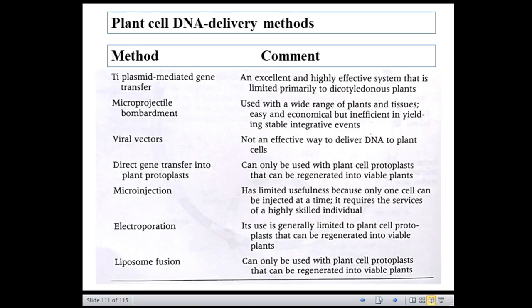If you look at any textbook, they will mention that spherical gold or tungsten particles with a diameter ranging from 1 to 4 micrometers are used, and these gold or tungsten particles are coated with DNA that has been precipitated with calcium chloride, spermidine or PEG, that is polyethylene glycol.